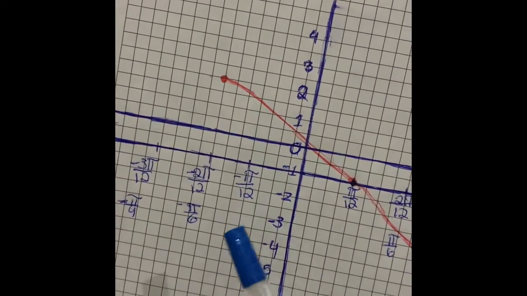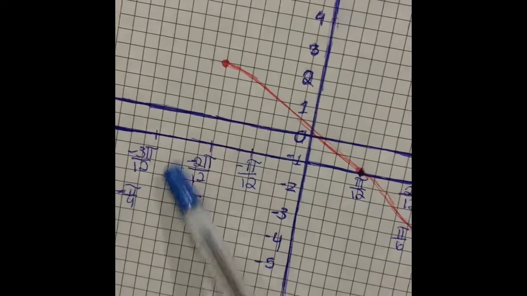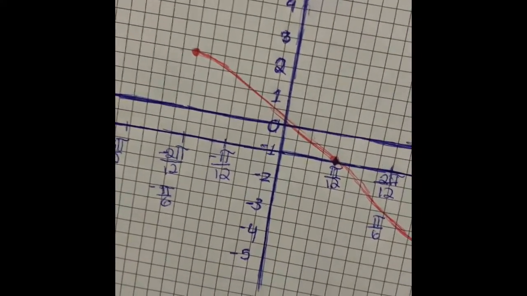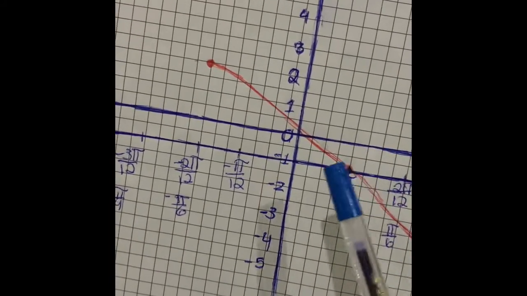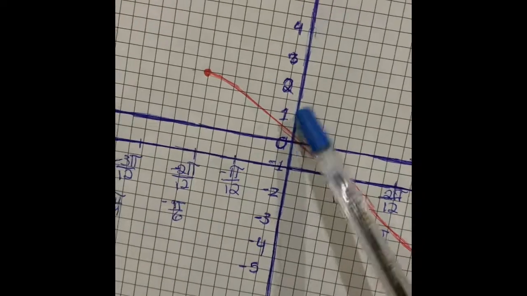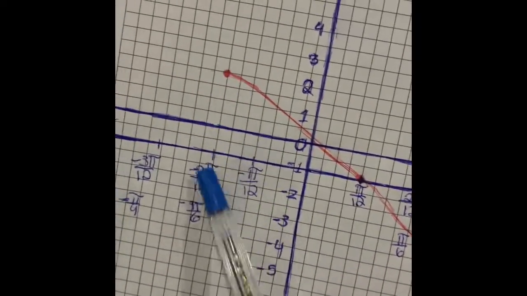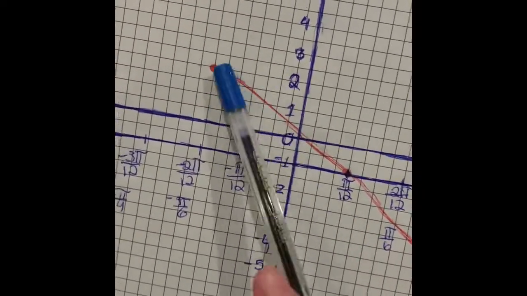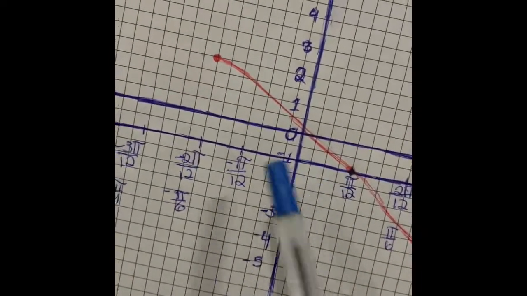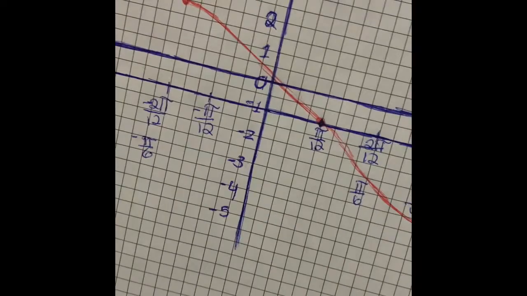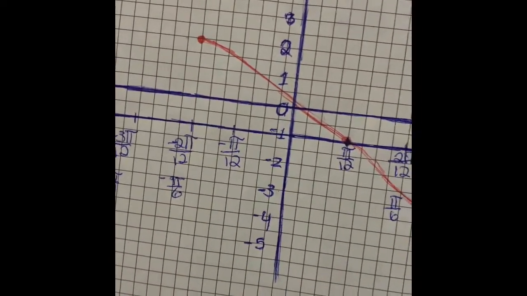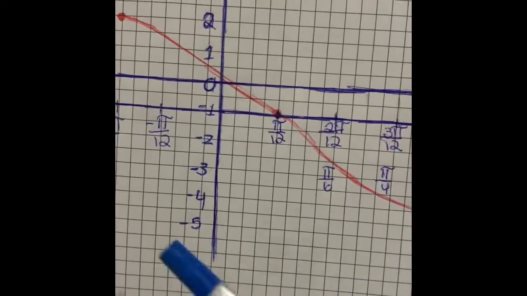Then we are going to start to plot the graph, and our beginning point is π over 6, and it's in here, but we need to start counting up 3 from our virtual x-axis that is in here. So we count 1, 2, and 3, and there we have our first point, that is the beginning point. Then we have the points that we made before.